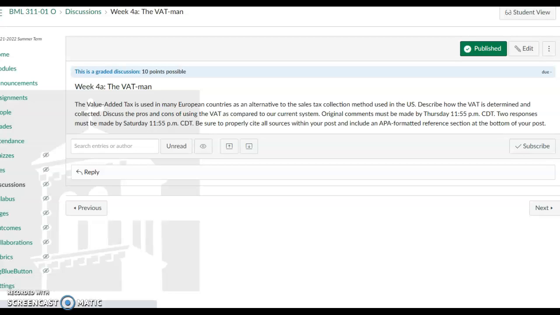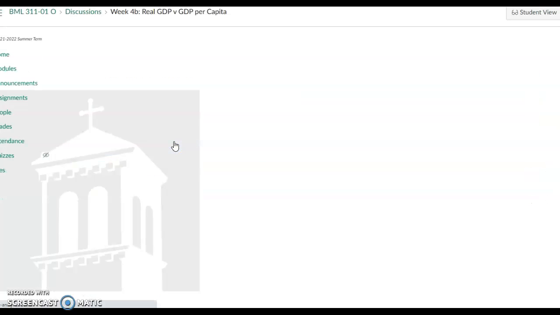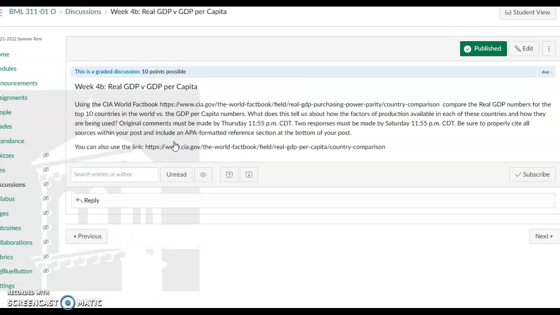Which leads into the next discussion question post here. We're going to talk about the real gross domestic product, and we're going to compare that with the gross domestic product per capita. So begin to talk about the comparison. Real gross domestic product is your adjustment on goods, services, and products.